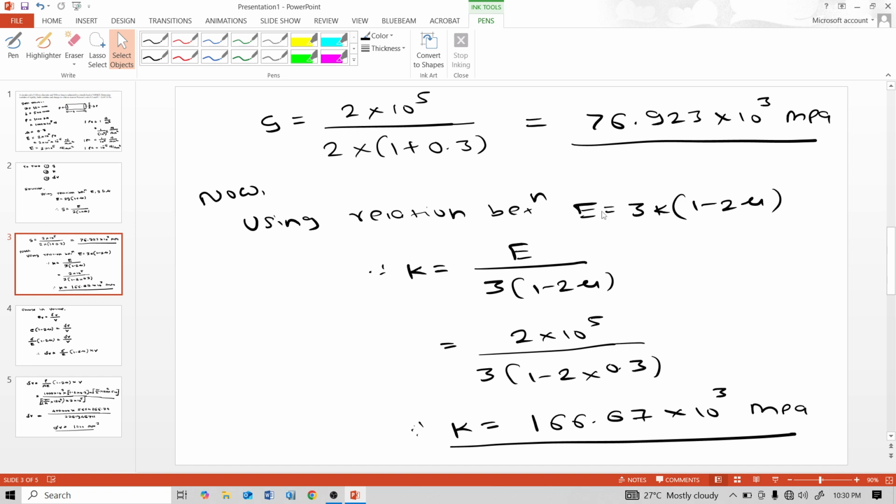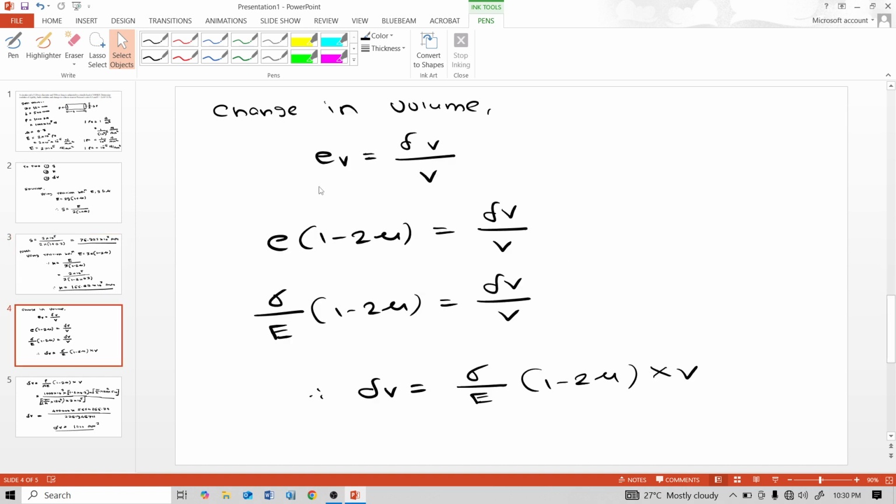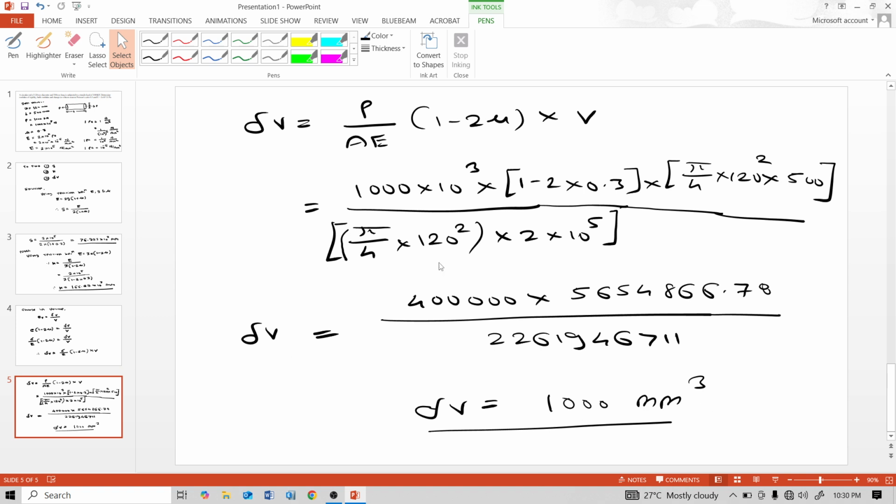By using the relation E is equal to 3K into 1 minus 2 mu, we find bulk modulus is 166.67 into 10 raised to 3 MPa. And change in volume is 1000 mm cube. The original volume of this circular steel rod is pi by 4 into 120 square into 500, that means 11,310 mm cube, and change in volume is 1000 mm cube.